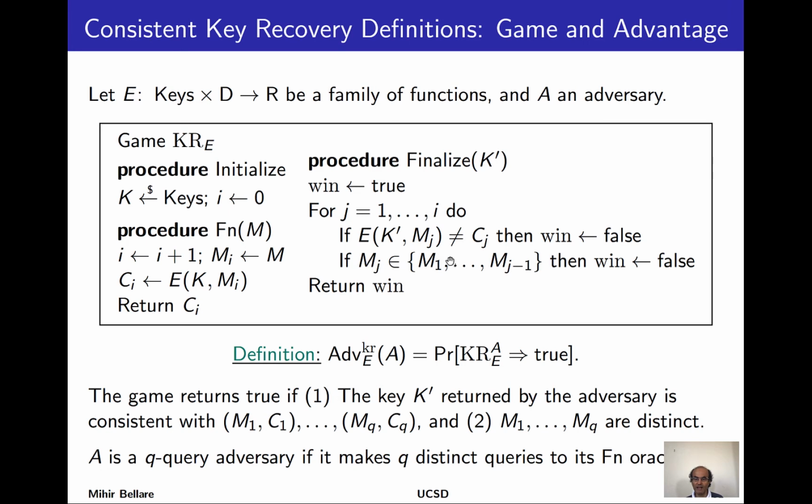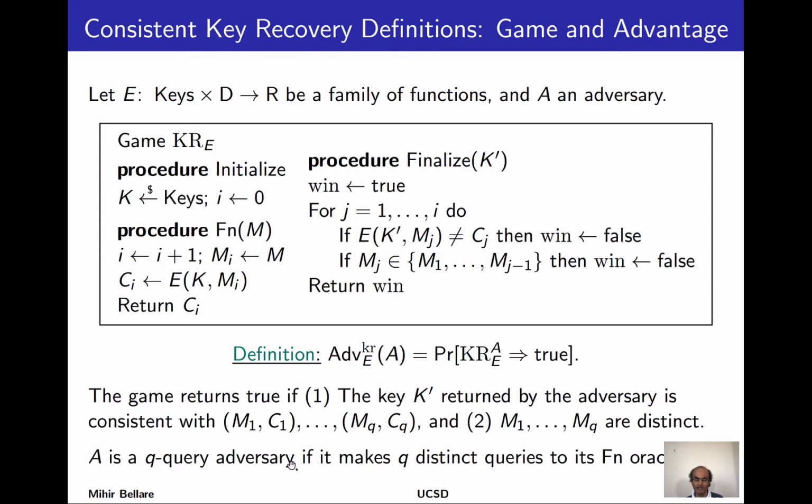But why would I outlaw it? Because it turns out that the number of queries to FN is an important parameter of security. And to make it meaningful, the queries need to be distinct. So we'll talk of a Q query adversary.